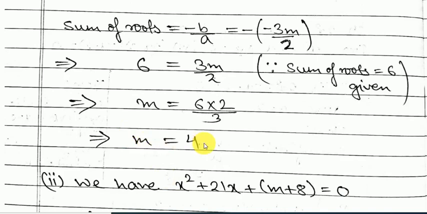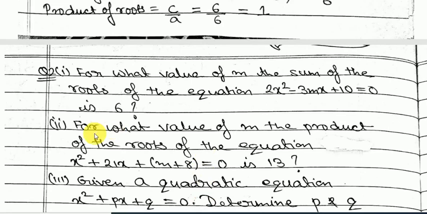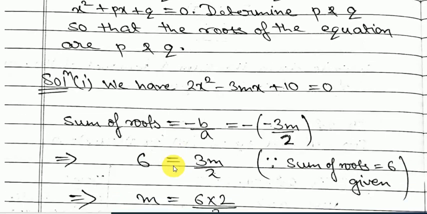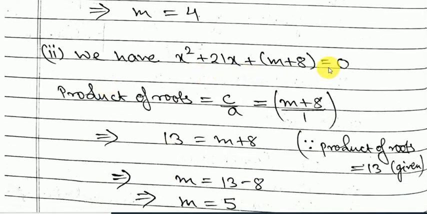Yes. Question number 2: for what value of m should the product of the roots of this equation be 13? So what should be the value of m so that when I take the product of the roots, it comes 13. We have this quadratic equation, and we know that the product of the roots is equal to c upon a, and my c is what?